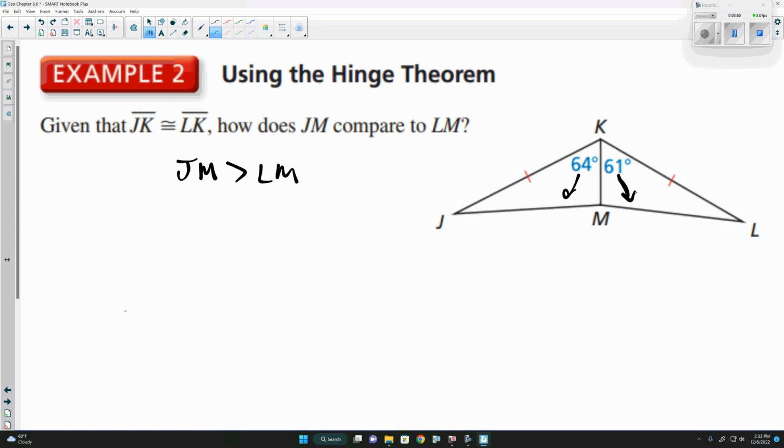But since we're comparing their lengths, we don't have to include it. I wouldn't mark it off, but we don't need it for these here. Because for line segments, we don't have to put M. The exclusion of the line says we're talking about measure. Other questions on this here?